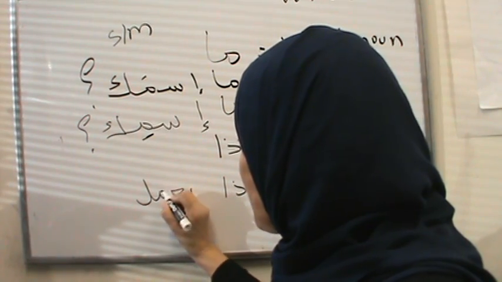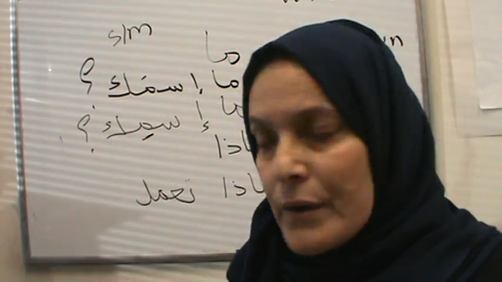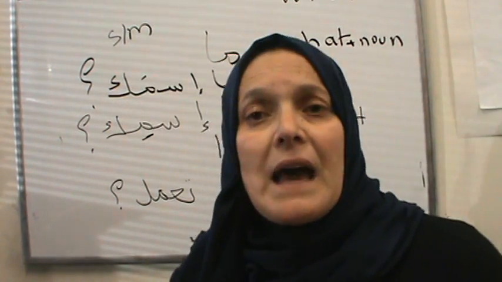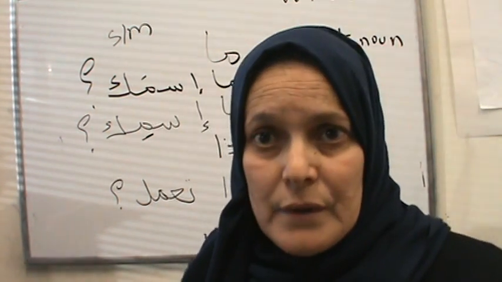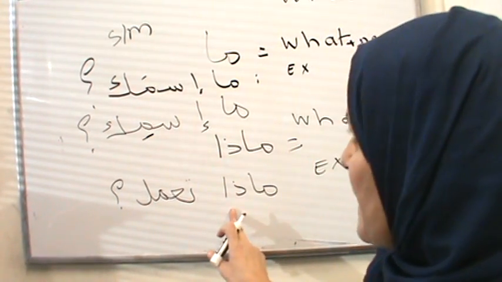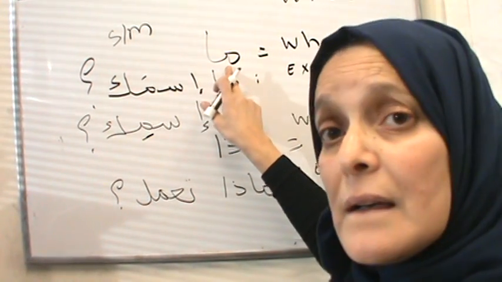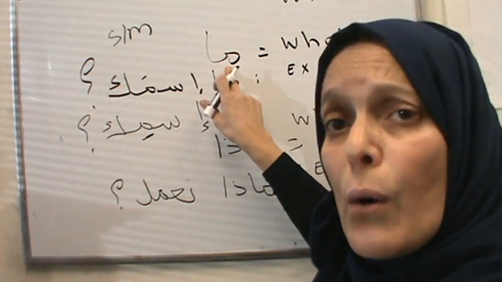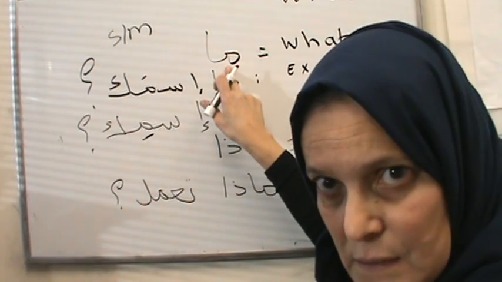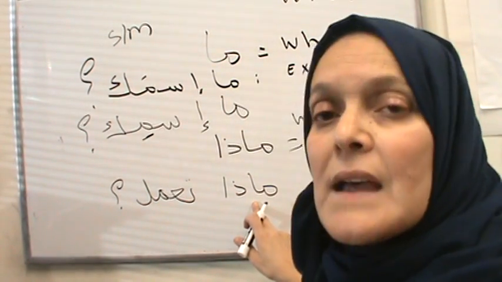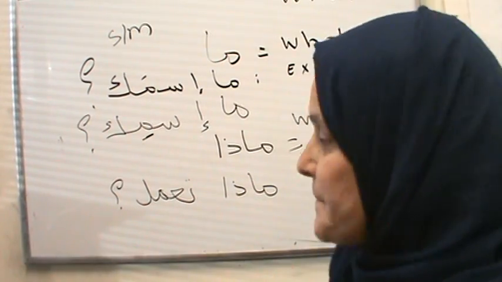The verb عمل is to work. ماذا تعمل. Someone says, أنا أعمل دكتور. So ma is a what that goes only with nouns. ماذا is the what that goes with verbs.